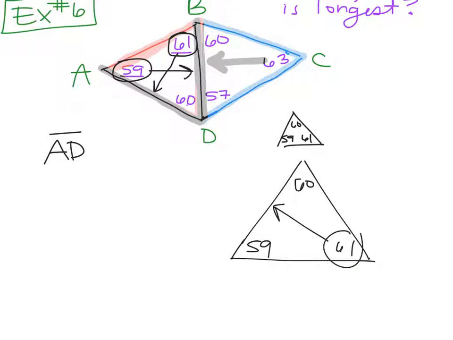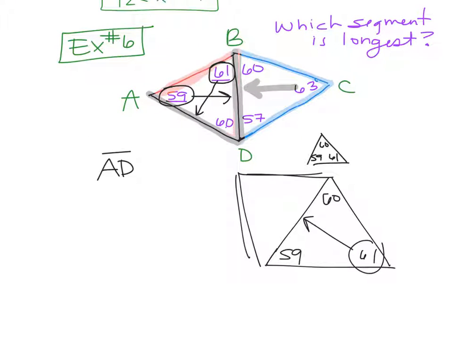It's across from the biggest side when there's another triangle attached to it that also has its own individual longest and shortest sides. So you have to pay attention to the whole big picture. On this set of triangles, AD would be the longest because between the two longest of those two, AD is longer than BD. Okay? So don't just go with the biggest number on the page. It doesn't work that way.